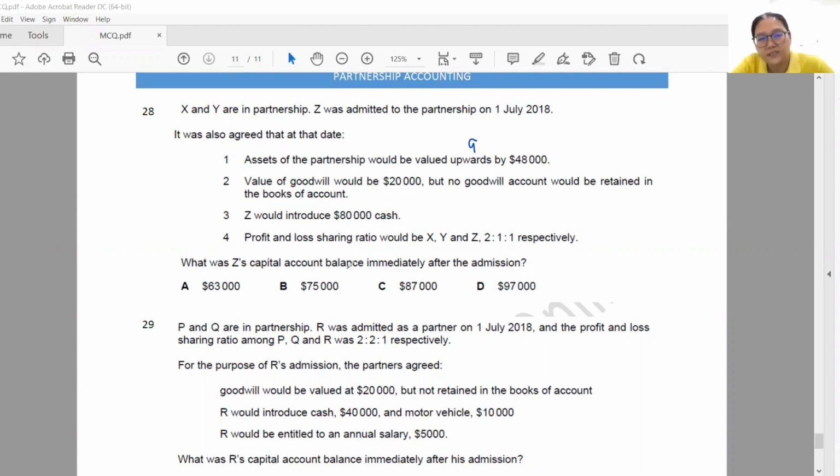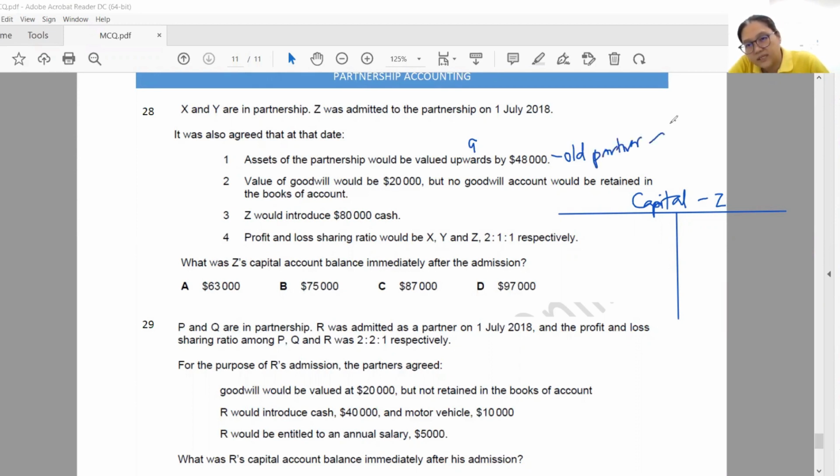What was Z's capital immediately after admission? The goodwill is for the old partners, X and Y, and does not belong to Z. Because the goodwill is not retained in the books, we have to write it off.